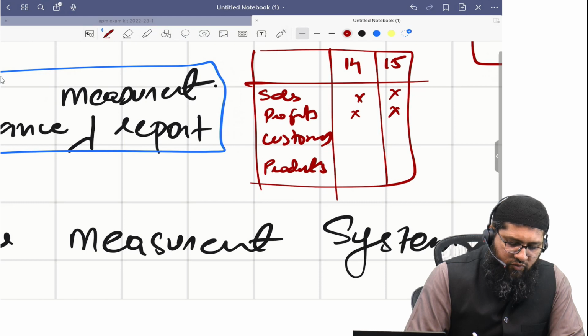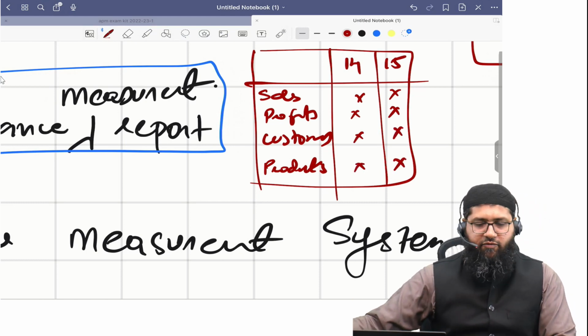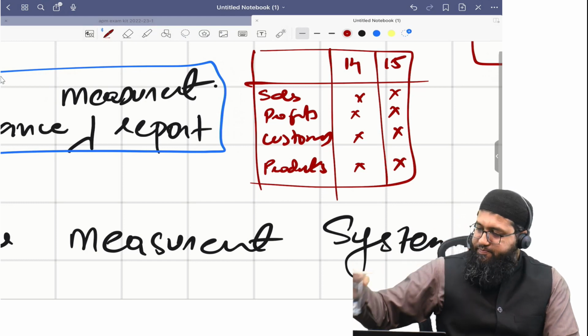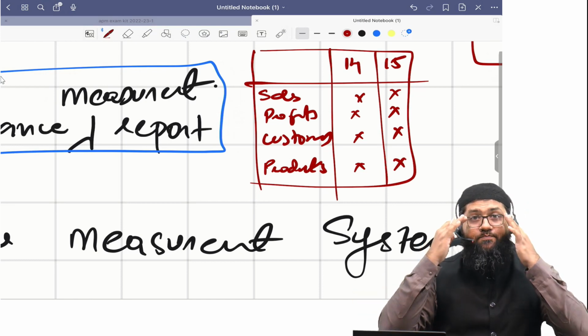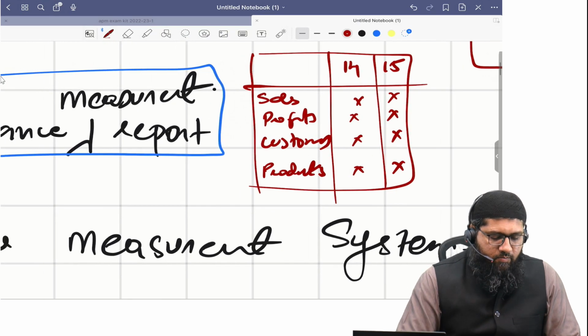So let me give you an idea of what the examiner is expecting us to do when he's asking us to evaluate the performance measurement report.